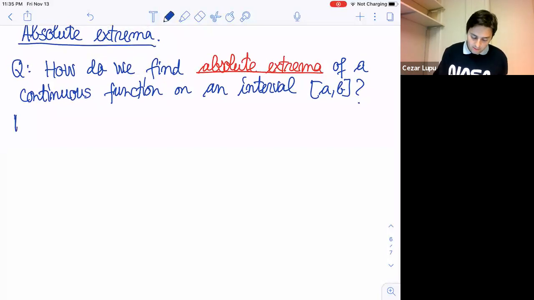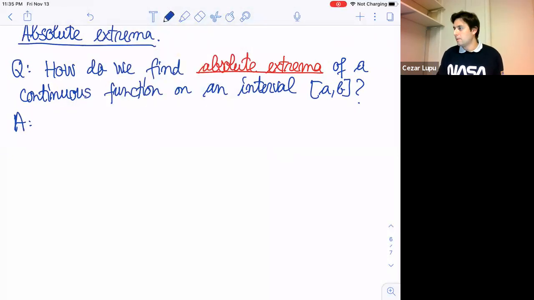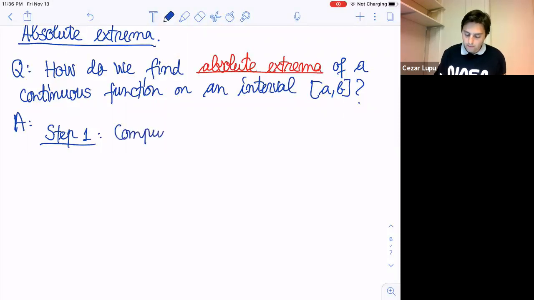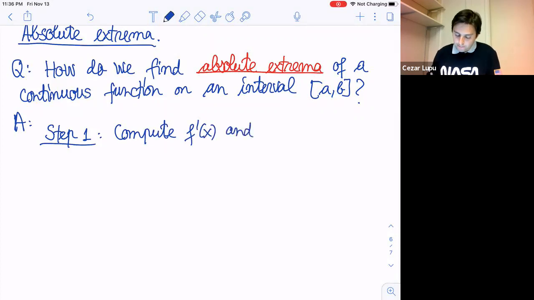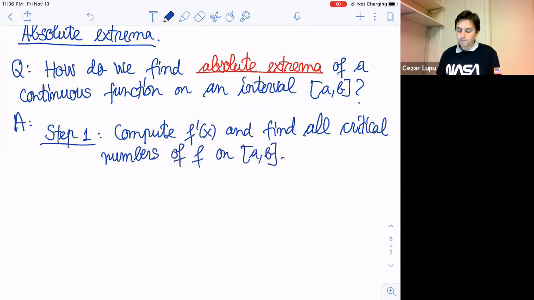And the short answer is the following. So there are some steps to follow. Step 1. Well, we compute the derivative of f. So compute f prime of x, right? And find all critical numbers of f on AB, right?